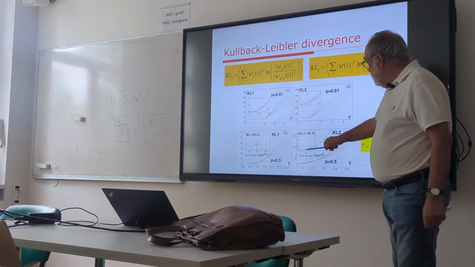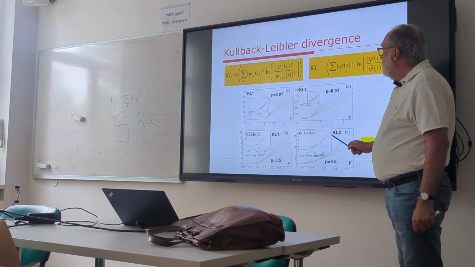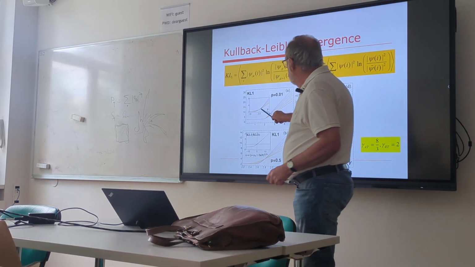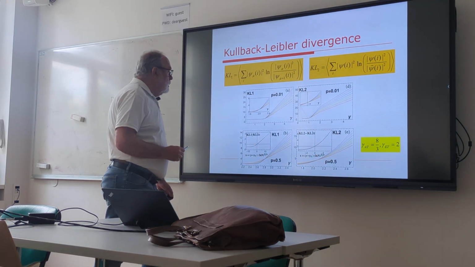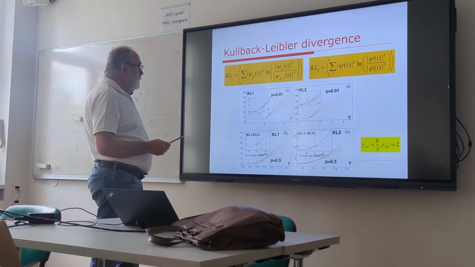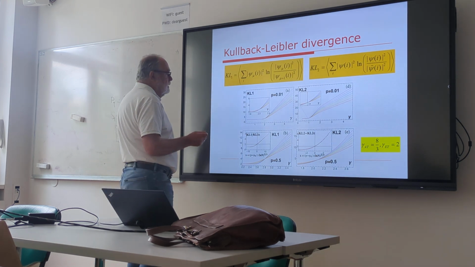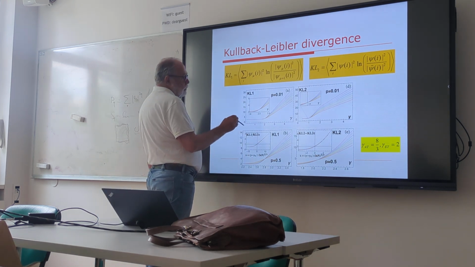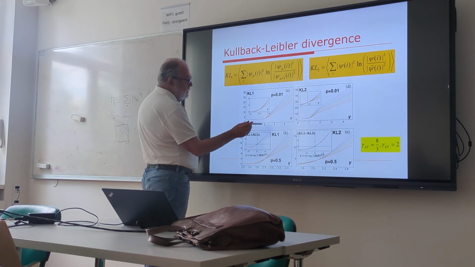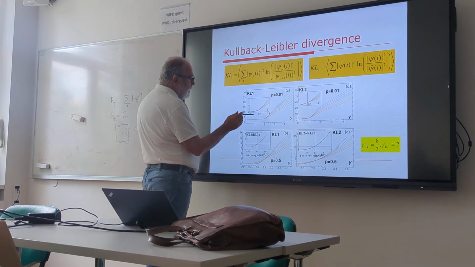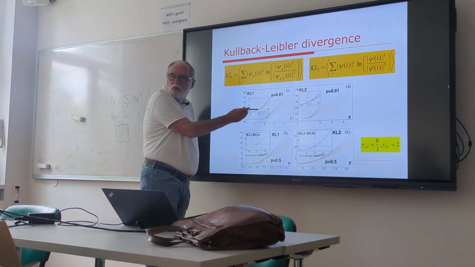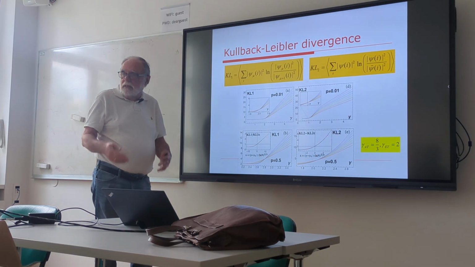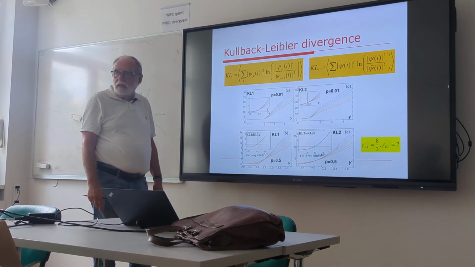As I said, the inset is a collapse of data. This one. Yeah. This one simply shows you that if you blow up this region, you will see something at 2, but very, very weak.